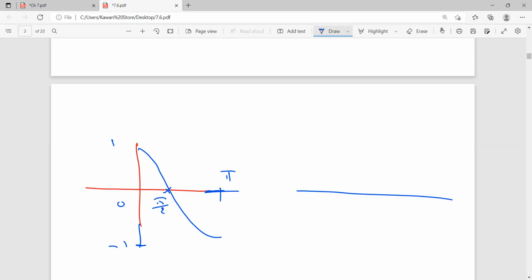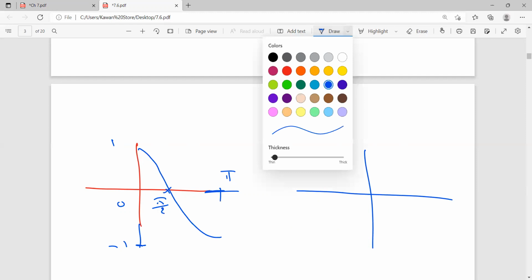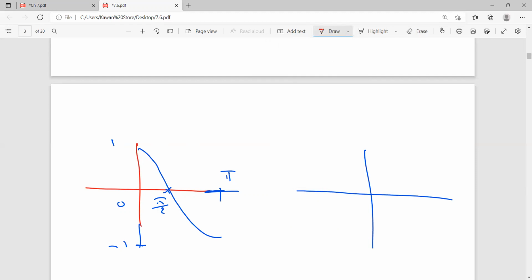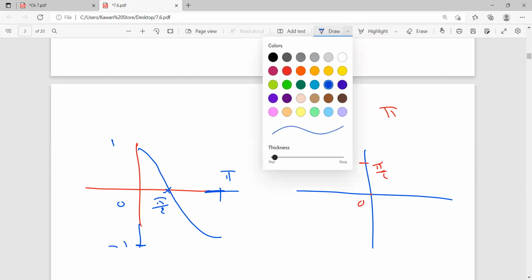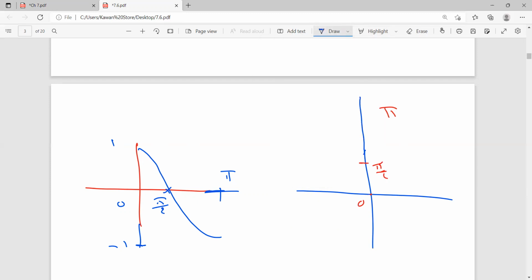So I'm going to change x to y. I have 0, I have pi over 2, and I have pi. Here are your points. Understood? Y from the x-axis to the y-axis. Now also I have 1 and -1. Am I right?